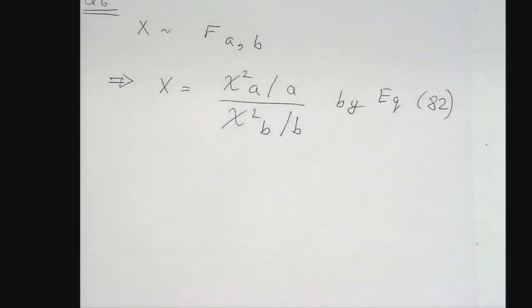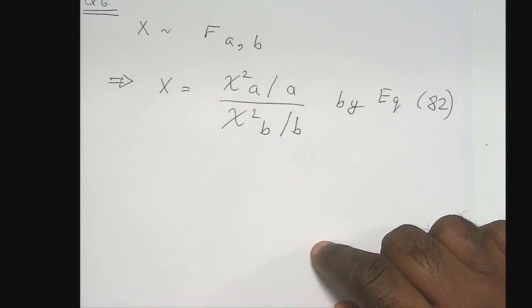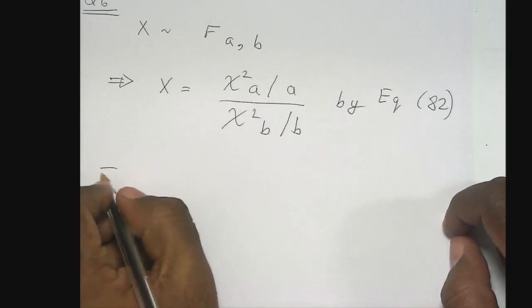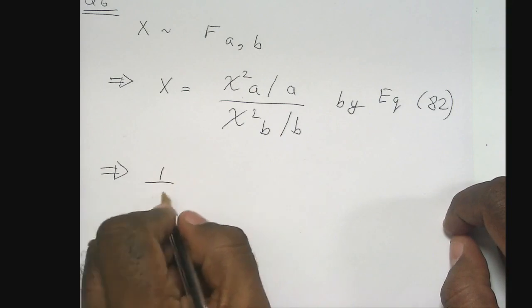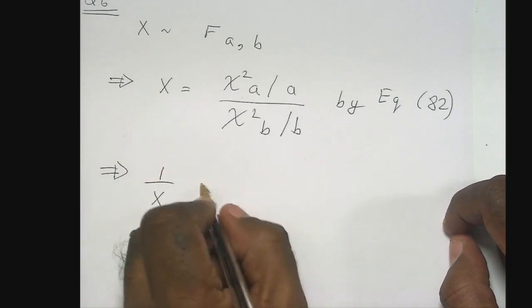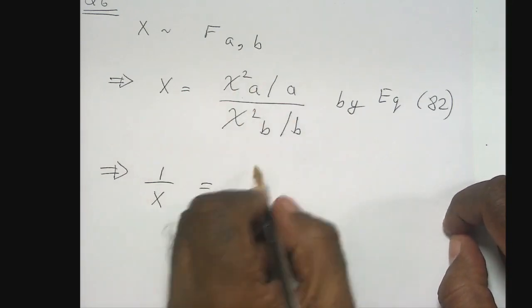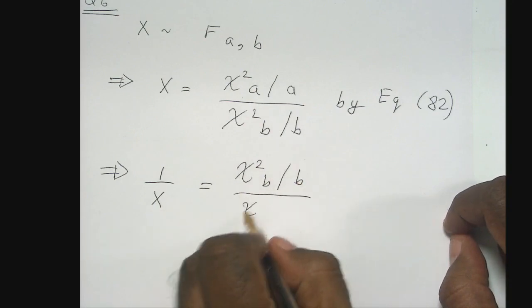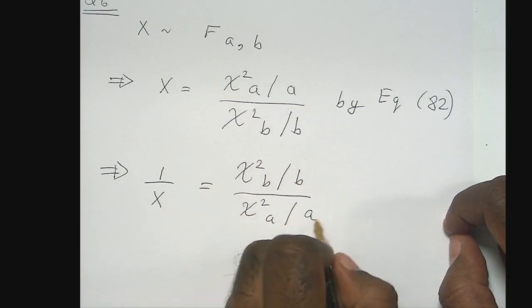by equation 82, you can write x as the ratio of these two chi-squared variables. Now, if you take 1 over x, you get 1 over this, which is chi-squared b divided by b over chi-squared a divided by a.